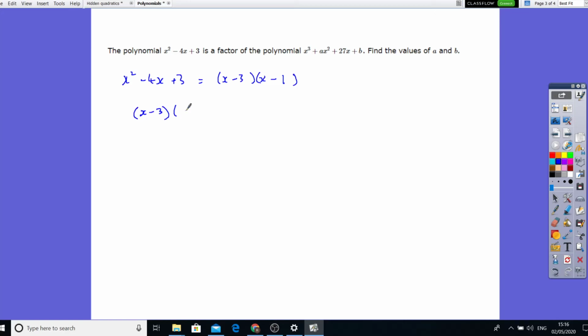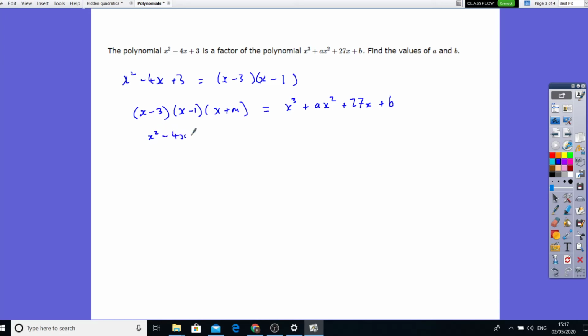Get that times x minus 1, and if we times that by x plus m, a factor that I need to find out, and expand this, that will be the same as x cubed plus ax squared plus 27x plus b.